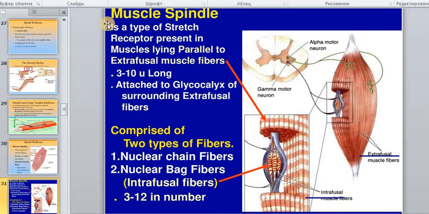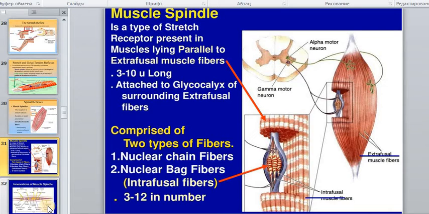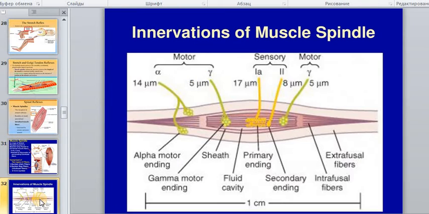We see it's a type of stretch receptor presented in a muscle, lying parallel to the extrafusal muscle fibers, touching the surrounding extrafusal fibers. So there are intrafusal and extrafusal fibers, and here we have nuclear chain fibers and nuclear bag fibers. It is better to see on the next slide.